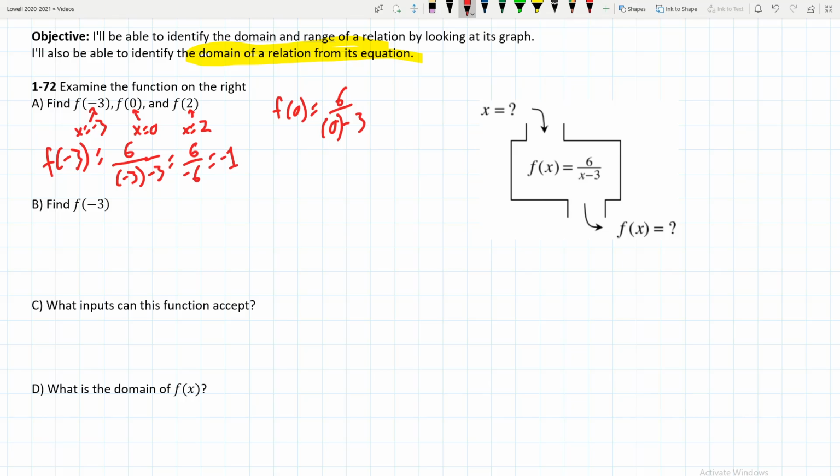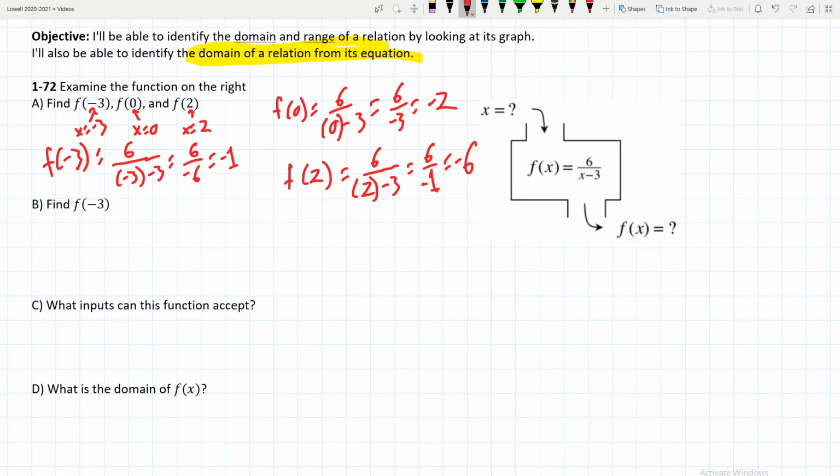Not necessary in these two cases, but especially when you're dealing with, say, squaring a negative number, this will be really helpful. So that'll be 6 divided by -3, which is -2. And then lastly, f of 2 is going to be 6 divided by 2 minus 3, which is 6 divided by -1, or -6.